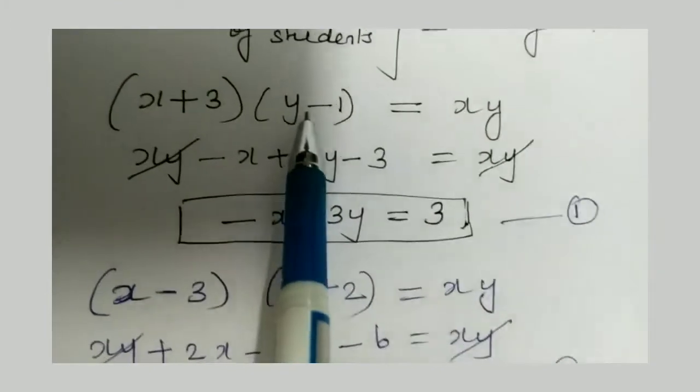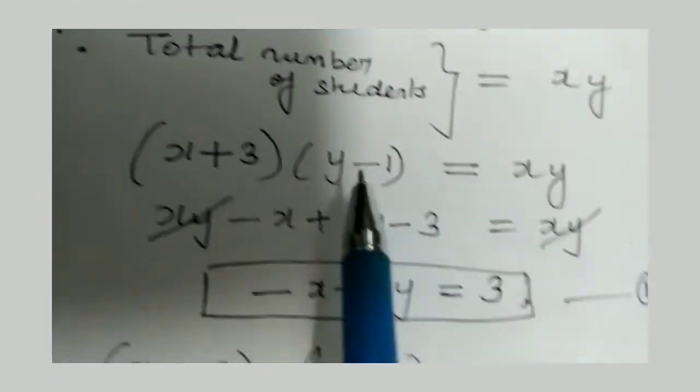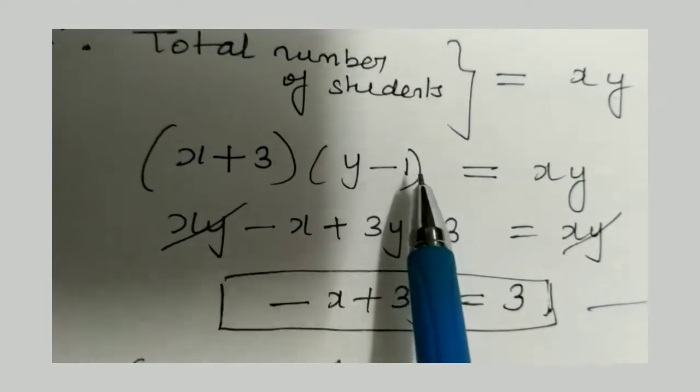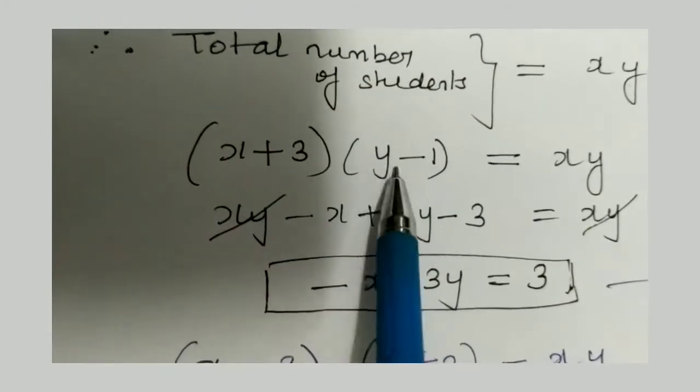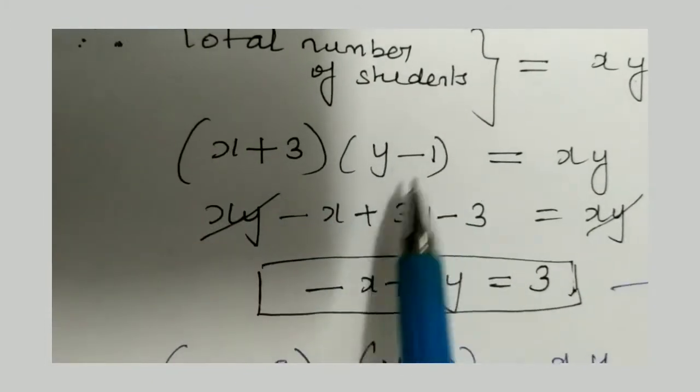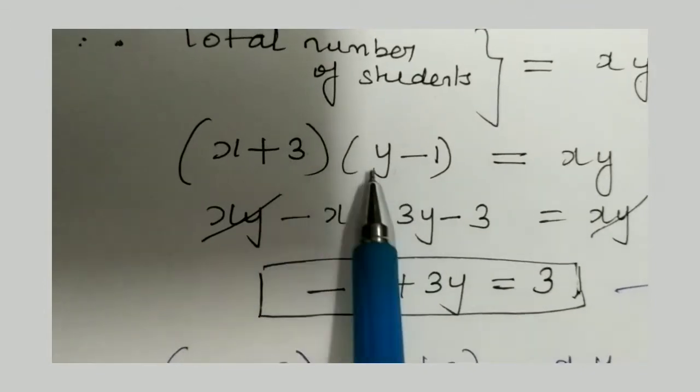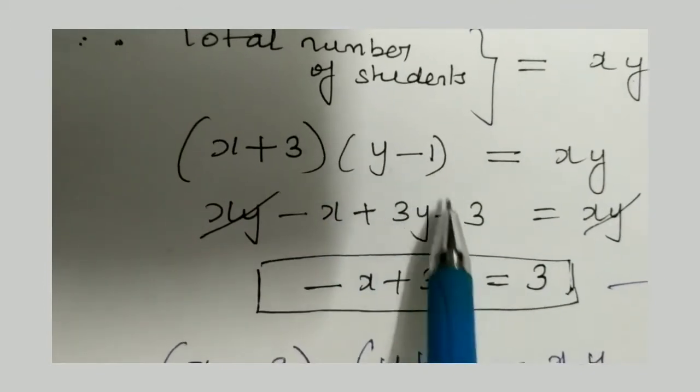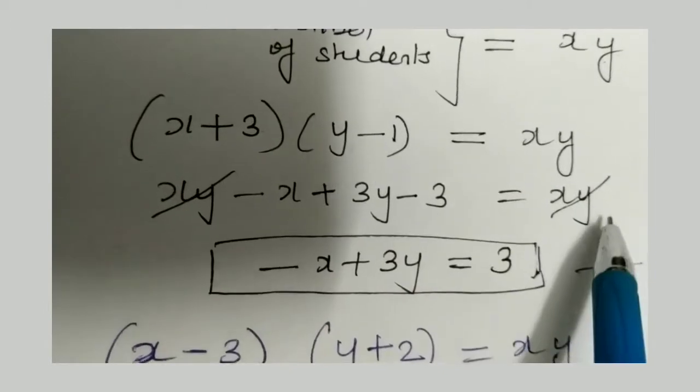Therefore, when 3 students are extra in a row, there would be 1 row less. Therefore, you write here (x + 3)(y - 1) = xy. Now remove the bracket. X into y, xy; x into minus 1, minus x; 3 into y, 3y; 3 into minus 1, minus 3; is equal to xy.